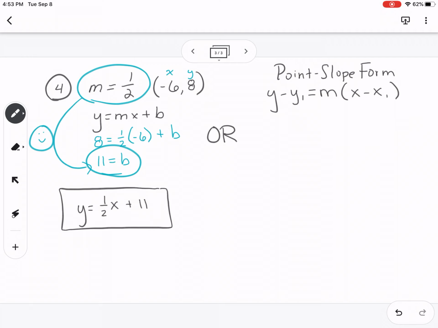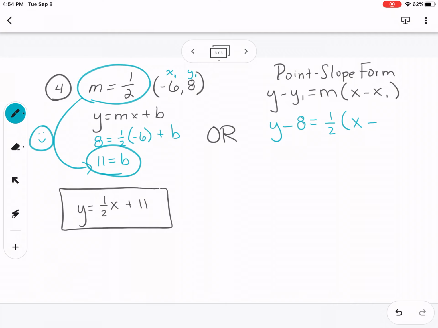And instead of substituting in for x and y, you would have substituted in for x1 and y1. So this would have become y minus your y1 value, which is 8, equals 1/2 x minus, here's the tricky part, you're substituting in -6 for your x1.